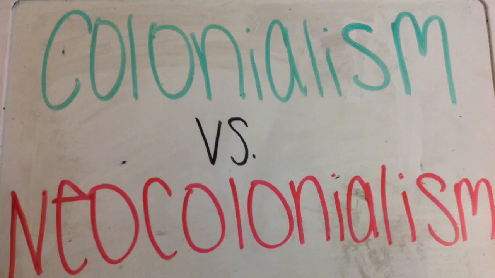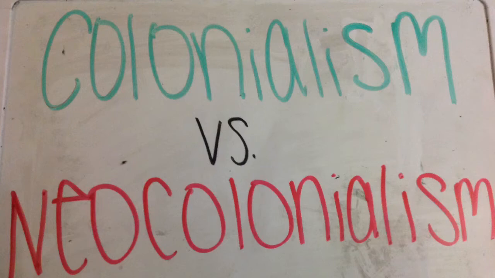Now, you might have heard of the term colonialism, which is on page 274 of the Cultural Landscape, but the concept of neocolonialism is very different from colonialism. Colonialism is defined by Rubinstein as an effort by one country to establish settlements in a territory and to impose its political, economic, and cultural principles on that territory.